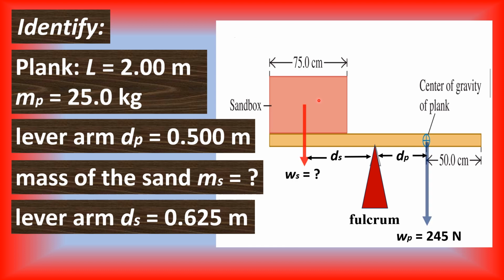Hence, the lever arm d sub s is equal to 100 centimeters minus 37.5 centimeters, or that is 62.5 centimeters, which is 0.625 meters.